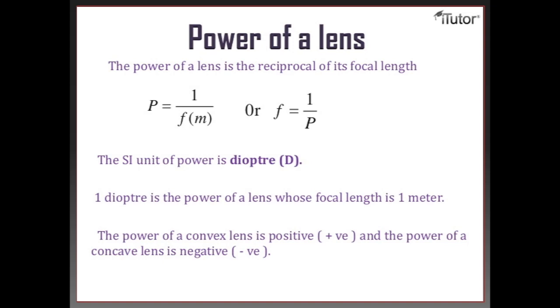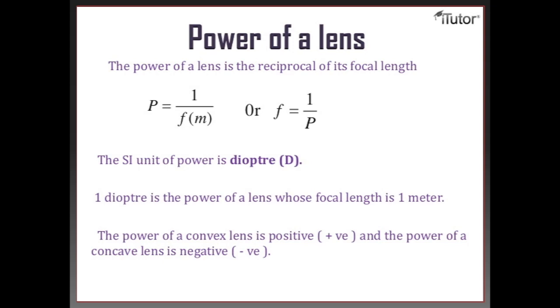Now, power of a lens. What is the power of a lens? When a ray of light falls on a lens, the ability to converge or diverge these light rays depends on the focal length of the lens. This ability of the lens to converge or diverge is called power.